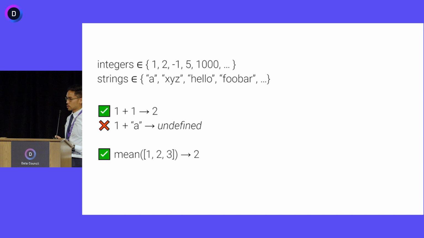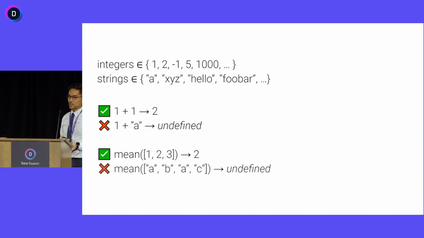And similarly, if you try to compute the mean over a list of integers, that's also well defined. The mean of 1, 2, 3 is 2. And unless you're using some kind of deep learning vectorized representation of strings in some embedding form, the mean of A, B, A, C is similarly undefined.